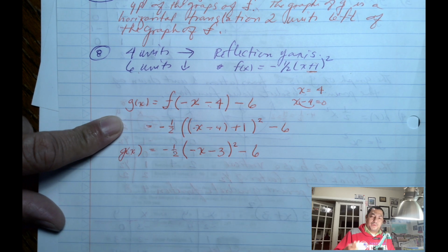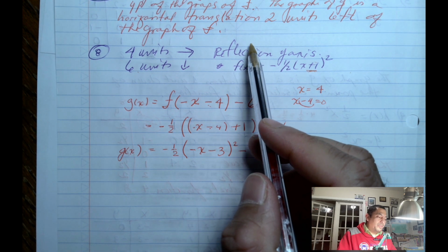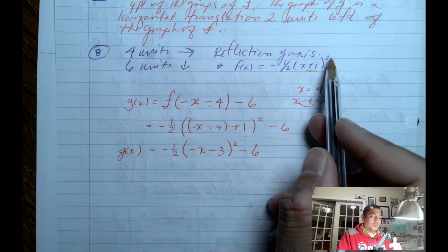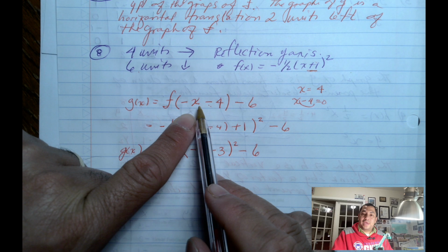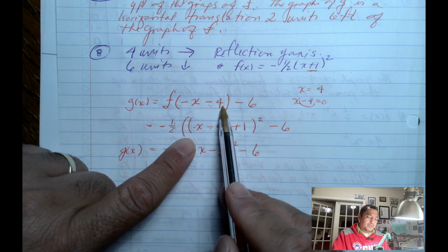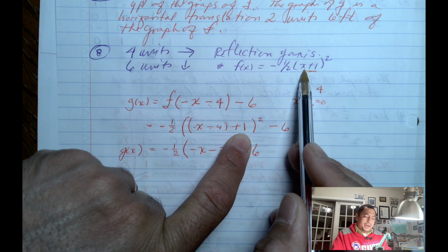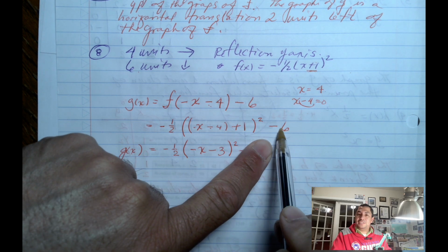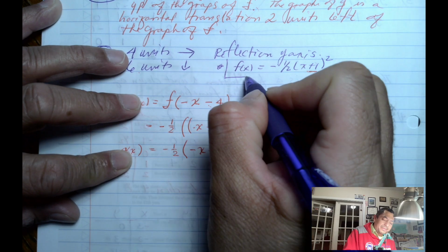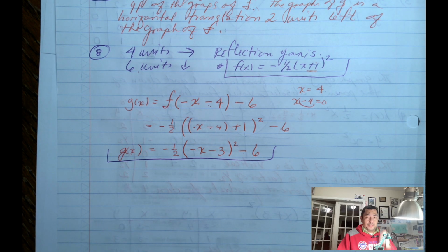And to find the function, because the problem says followed by a reflection in the y-axis of the graph of f(x) = -1/2 (x + 1)^2, we do a composition of functions. We take this x, negative x minus 4, plug it in for the x here, plus 1 squared, minus 6, and then we simplify. Now you're just going to graph f(x) and g(x), and you're going to get your solution.